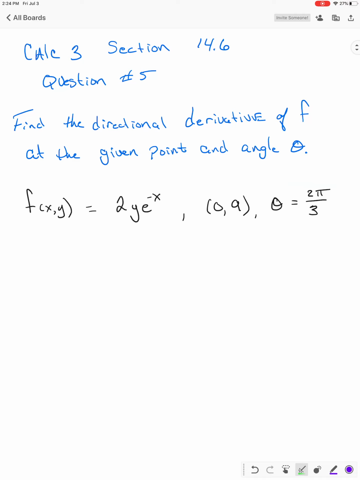So the first thing that I'm going to do is write down the directional derivative formula in this context.